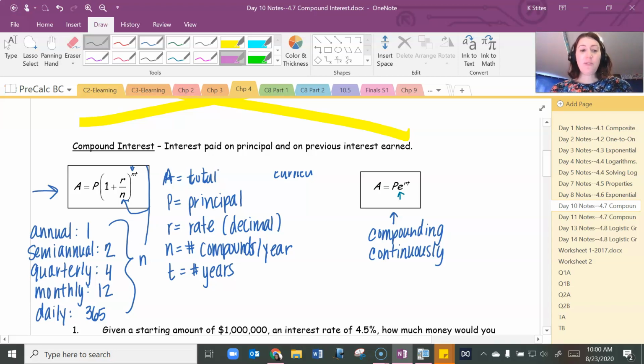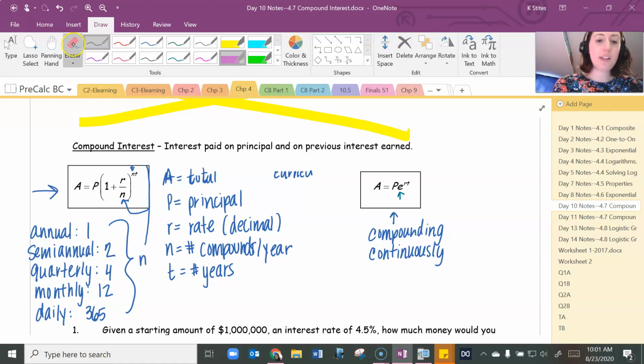Different options for N: you could have annual, which would be 1, semi-annual, which is 2, quarterly, which is 4, and again, this is how many times we are compounding. Monthly, which would be 12, because there are 12 months in a year, and daily would be 365. We also have Pert, and Pert is when we are compounding continuously, and we will use e.